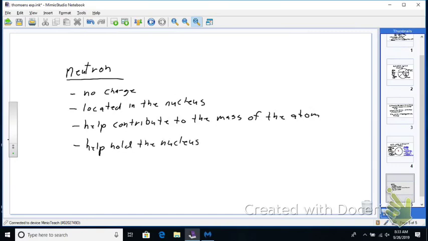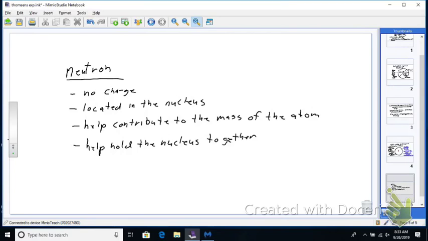Now, you get to thinking, if you have two or three individuals who really hate each other and don't want to be in the same spot, sometimes there has to be somebody present so they can at least be civil to one another. The neutrons are those individuals.